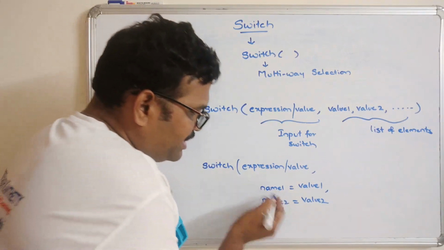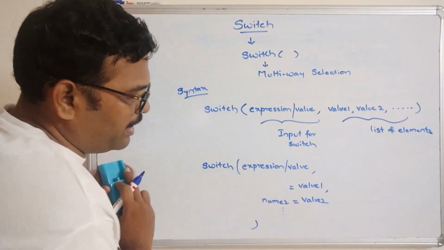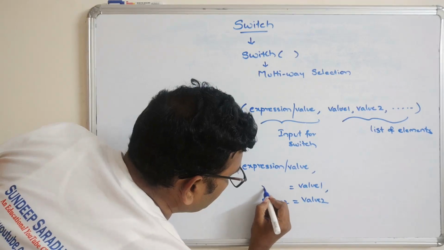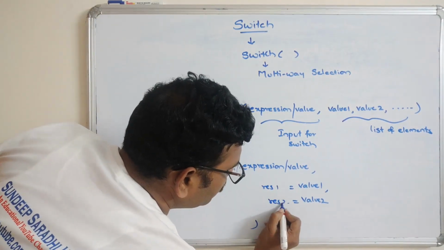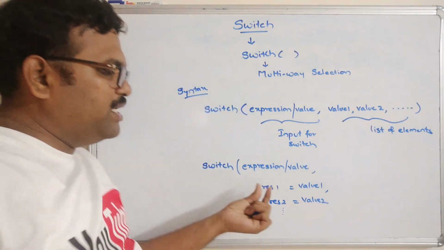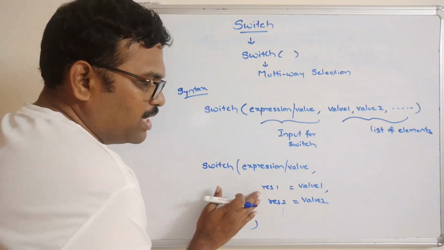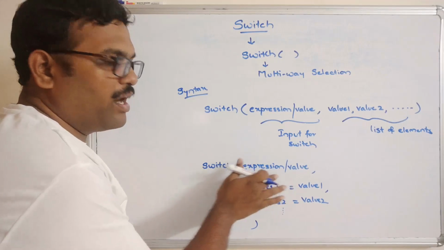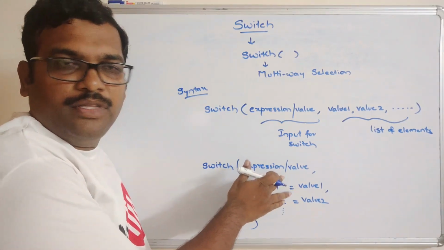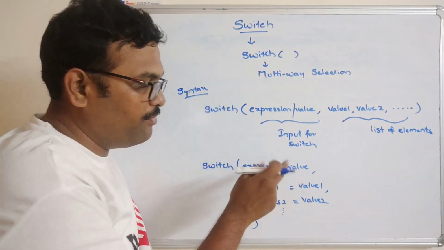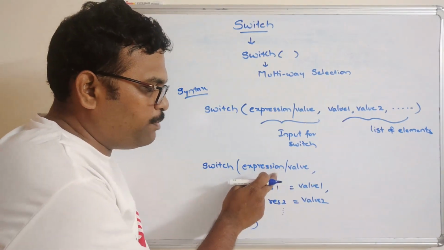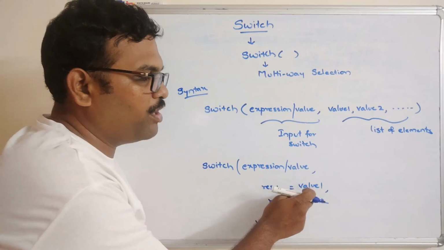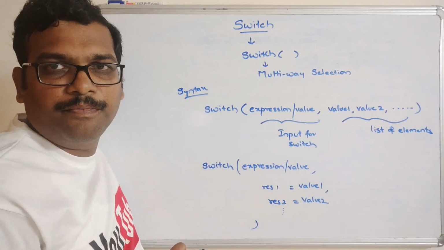Instead of name, I will write result1 and result2. These result1 and result2 are the possible inputs of this particular expression or value. Based upon the value, it will be matched with these. If the expression matches result 1, the corresponding value 1 will get executed.